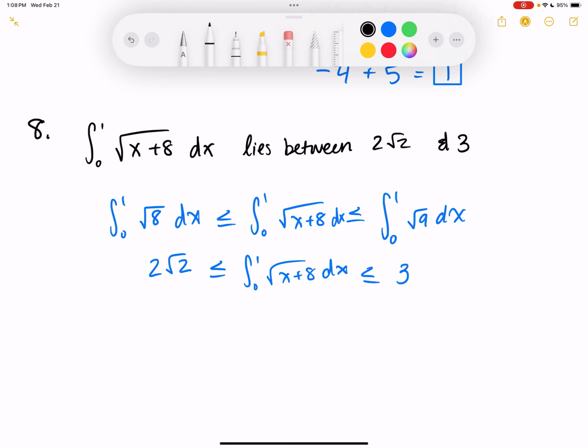Okay, let's see. 12 says to use NINT to find the average value of the function on the interval. At what points in the interval does the function assume its average value? So 12, y equals negative x squared over 2 on the interval 0 to 3.